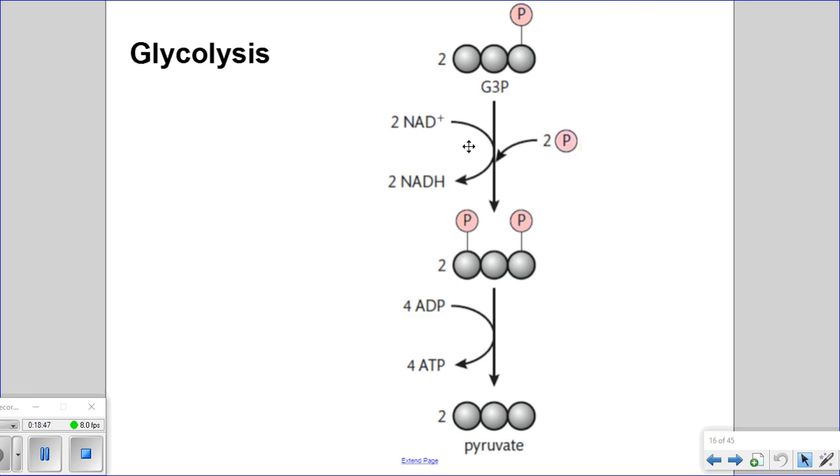And at the same time, the energy in this process allows 2 inorganic phosphates to be tacked on to each glyceraldehyde 3-phosphate. So now each glyceraldehyde 3-phosphate will have 2 phosphates attached to it. This will then, through enzymatic reactions, allow ADP to obtain those phosphates and become ATP. And in the process, this will generate 2 pyruvates.